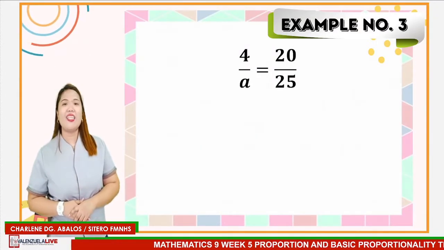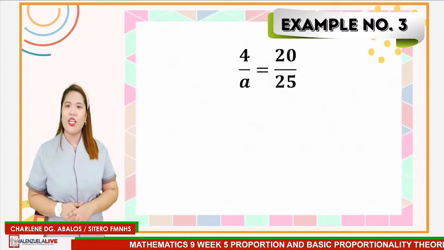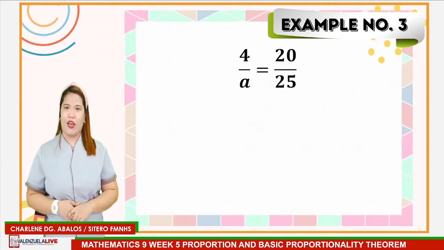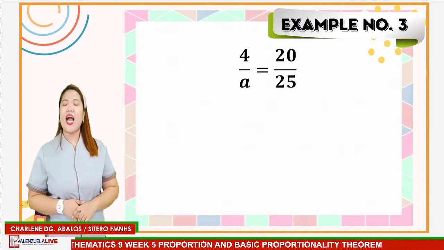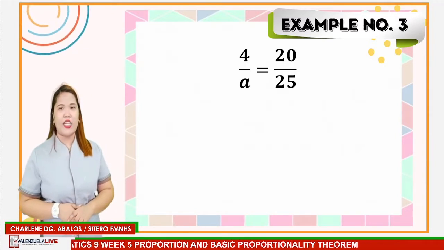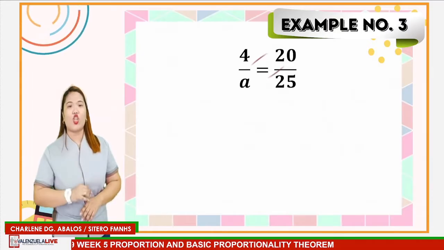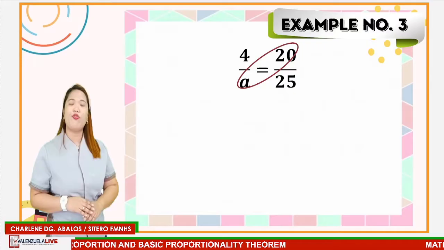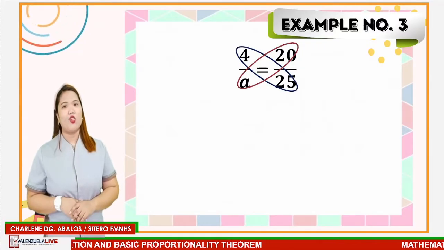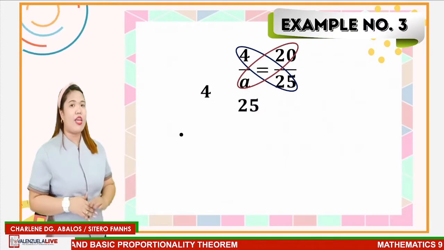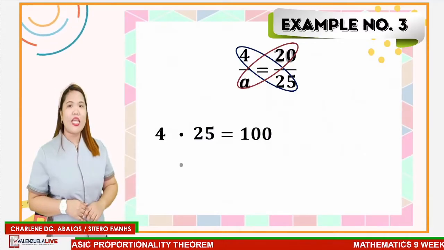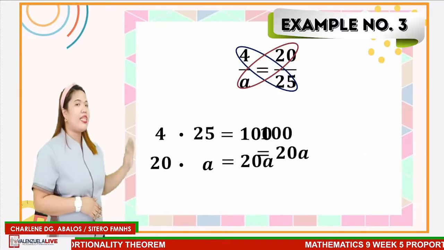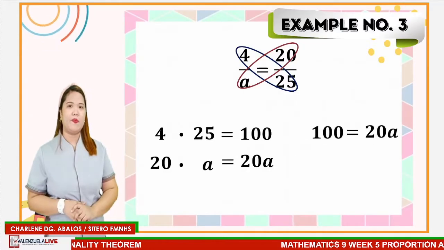Next, find the missing term in the proportion 4/a equals 20/25. Applying the cross multiplication property, multiply the means, which are 20 and a, and multiply the extremes, which are 4 and 25. So 4 times 25 equals 100, and 20 times a equals 20a. It will be 100 equals 20a.